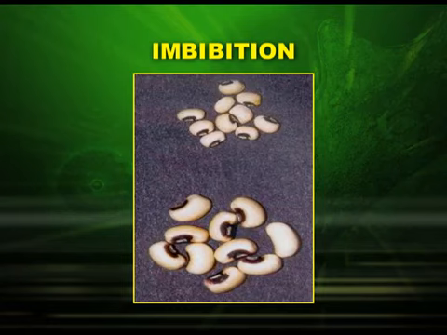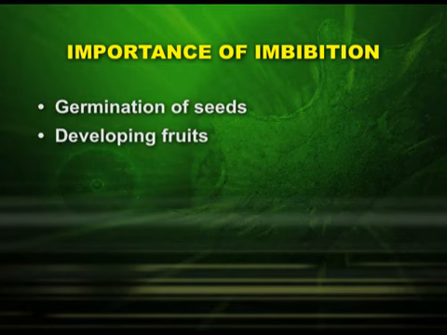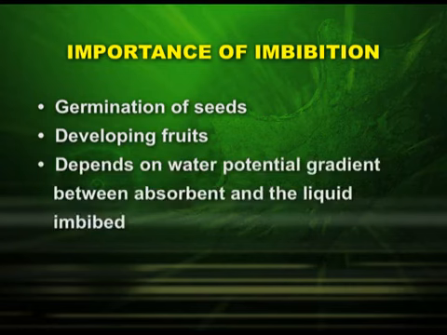Can you see some seeds which are swelled up? This is the imbibition process. Its importance in plants: germination of seeds and developing fruits. This imbibition process depends on the water potential gradient between the absorbent and the liquid imbibed.